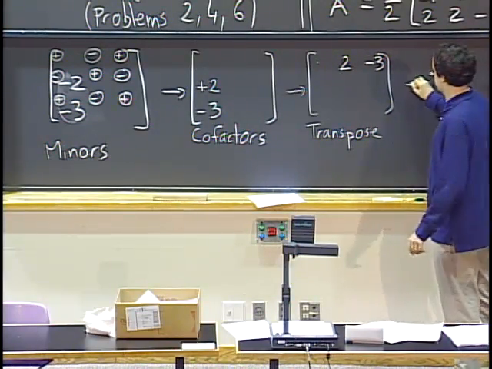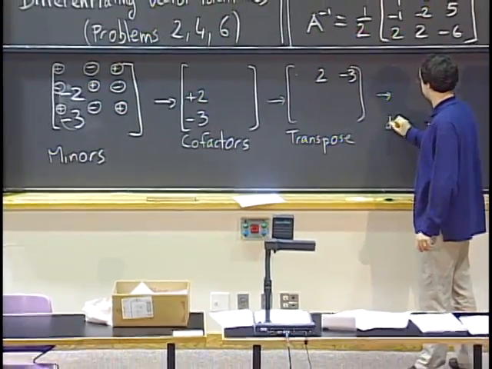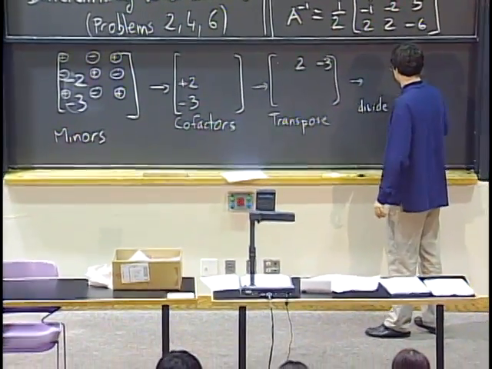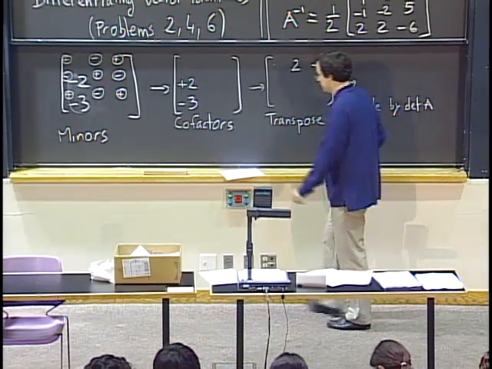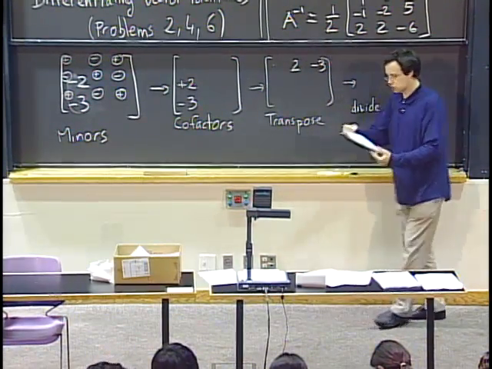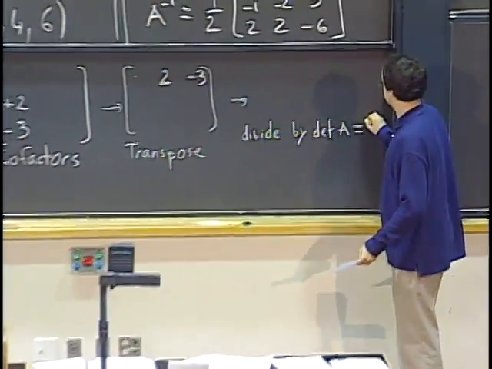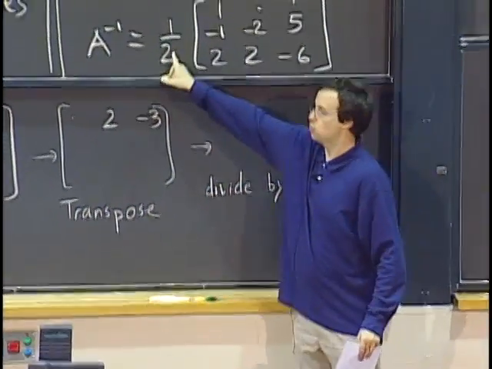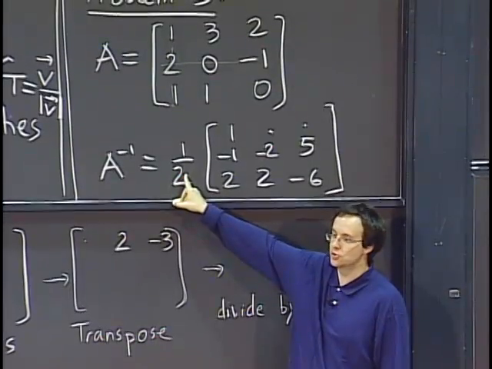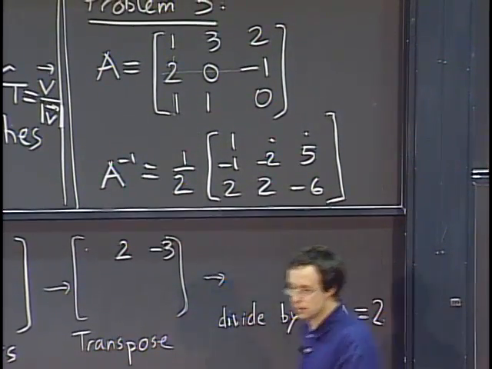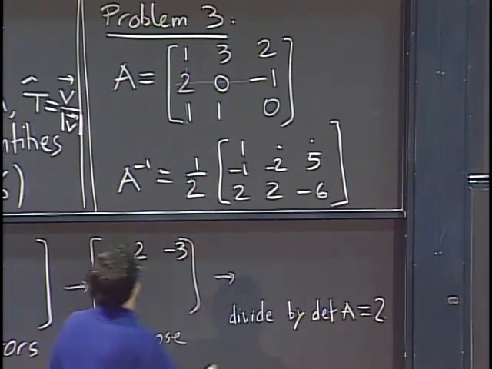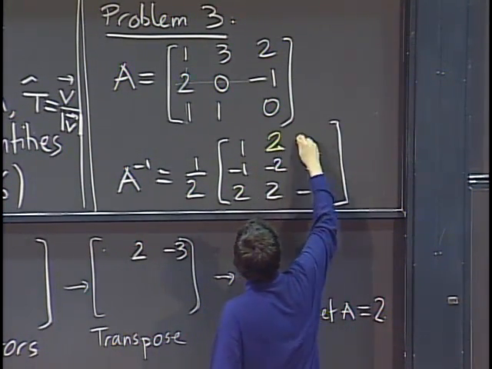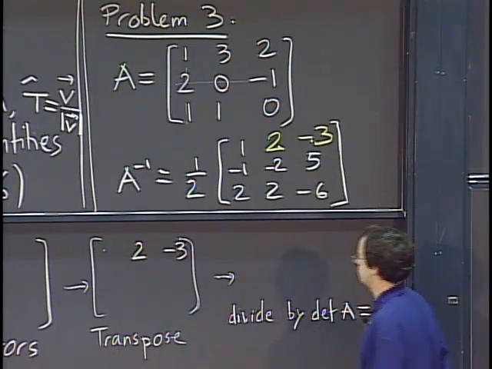And finally, we have to divide by the determinant of A. And we are actually told that the determinant of A is 2. So we'll divide by 2. But there's already a 1/2 here, so actually, it's done for us. So the values that we'll put up there are going to be 2 and negative 3.